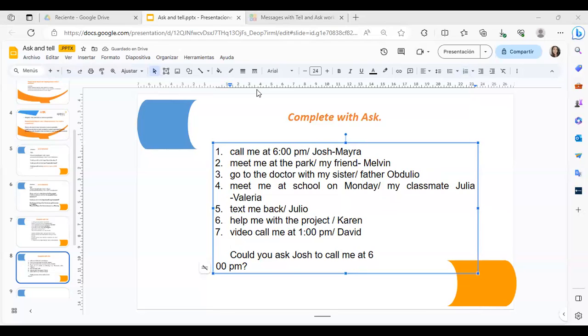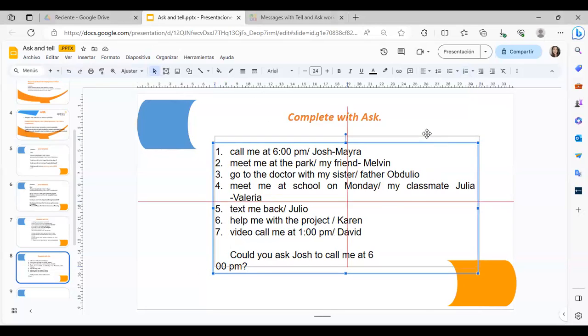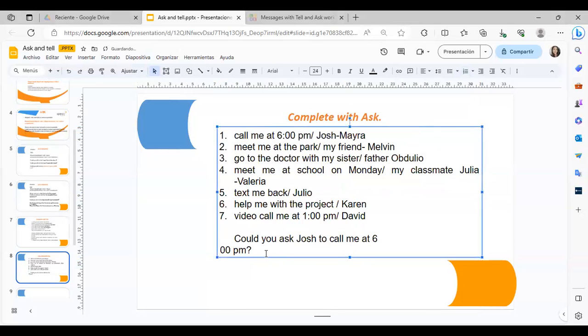What about you, Melvin? Melvin, Obdulio, Valeria? No? Okay, then we're going to complete them together because your classmates are not answering, okay? So in the number 2, we have meet me at the park, and we had my friend.